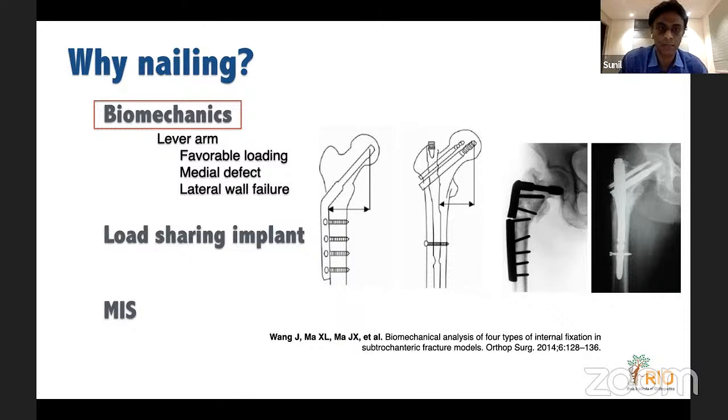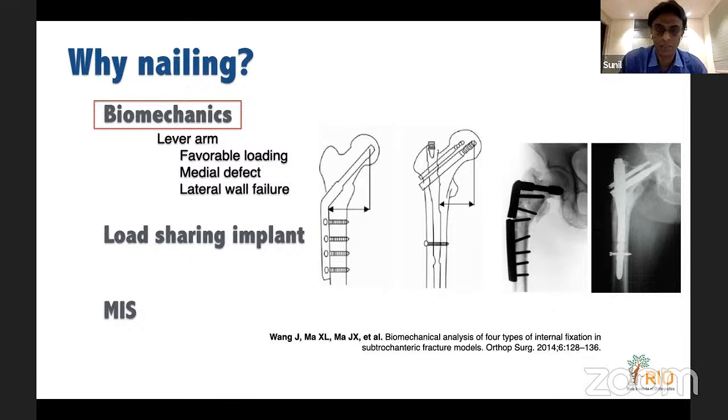We all know that with regard to the lever arm and the forces acting upon the implant and also the fracture, the nail gives you a favorable loading pattern because it is centered along the medullary cavity. So when you have a medial defect or a lateral wall failure, a nail being in an intramedullary location gives you an enormous advantage with regard to resisting the forces across the fracture.